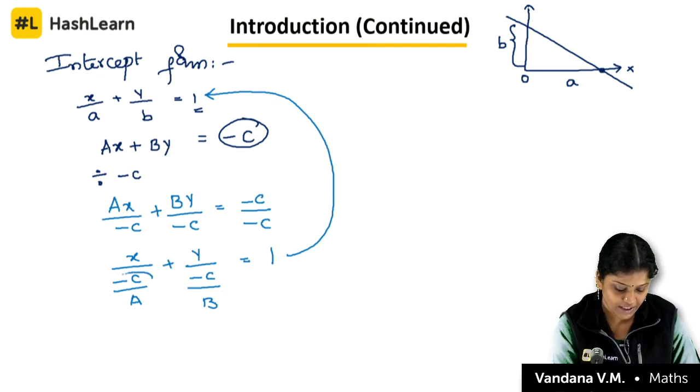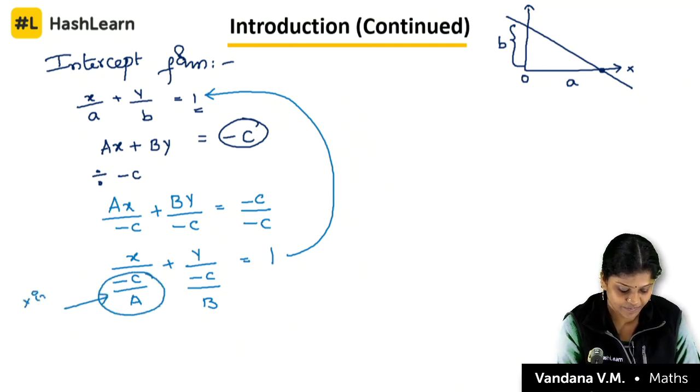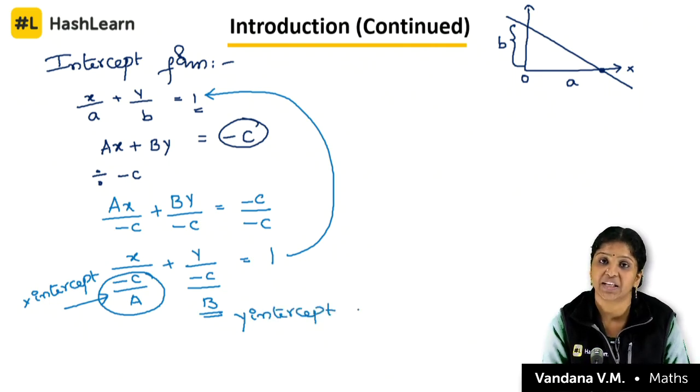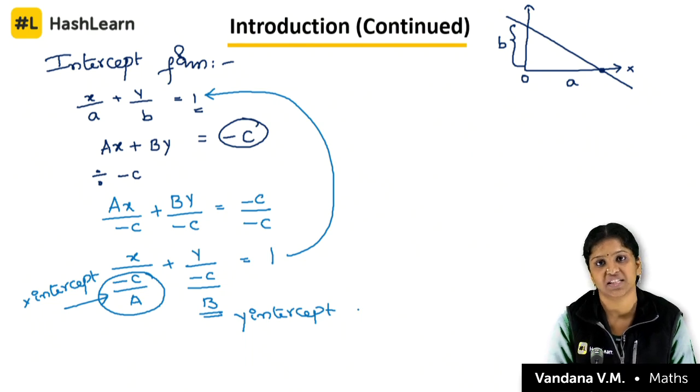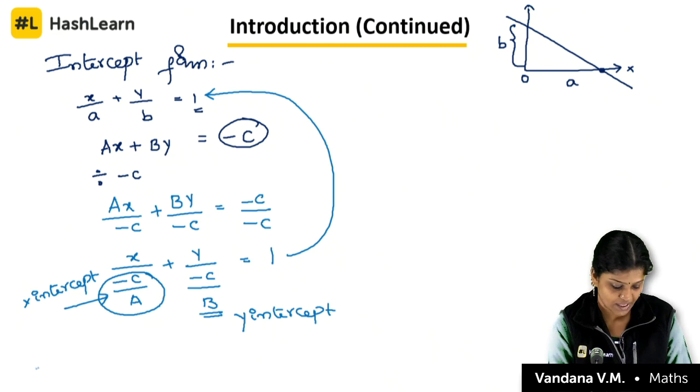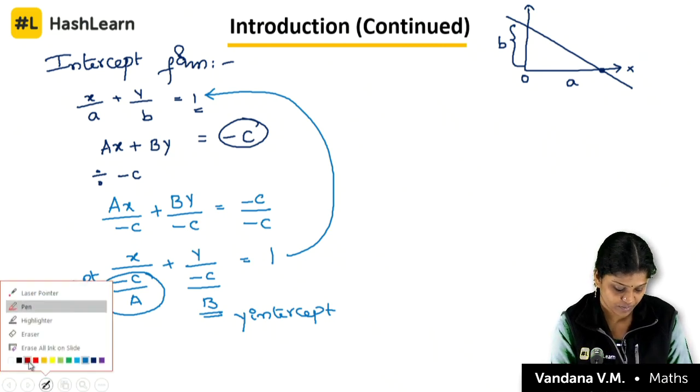Now I can easily say that this is your x-intercept, and this is your y-intercept. So this is the way of converting the given equation into the intercept form. Clear, children?